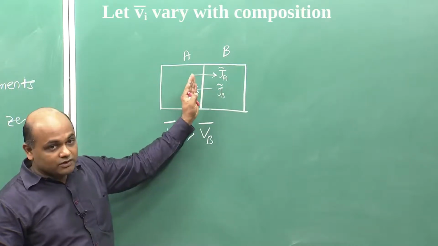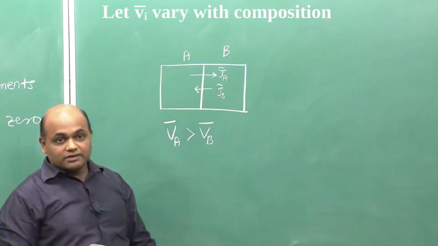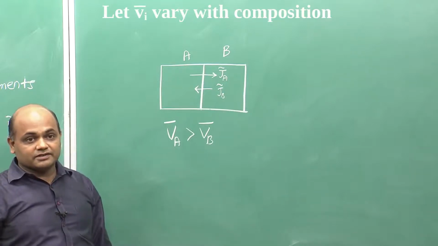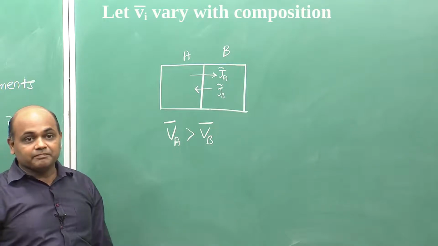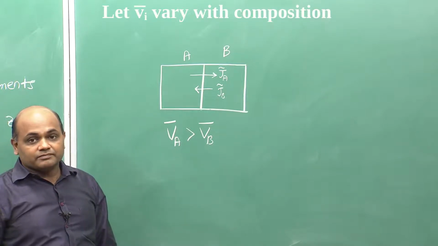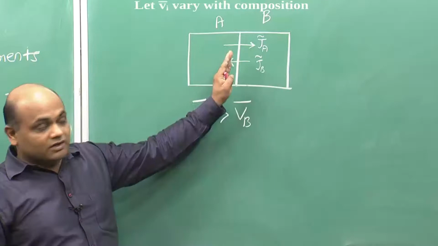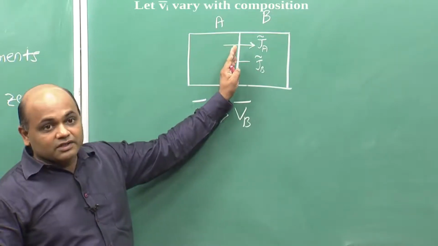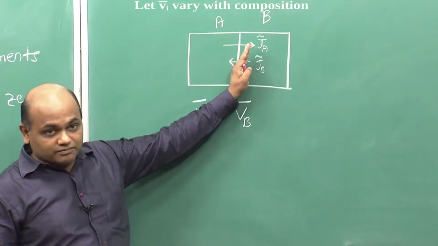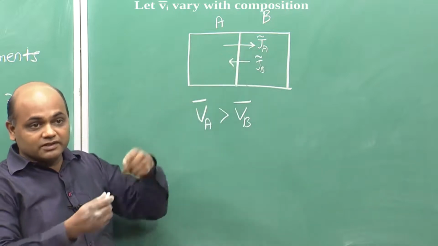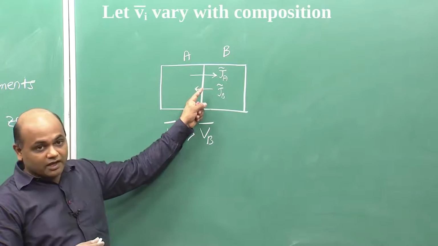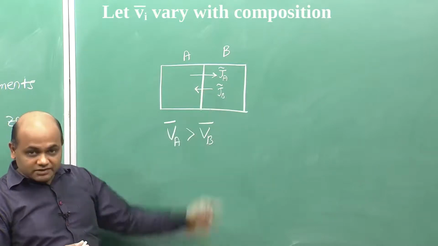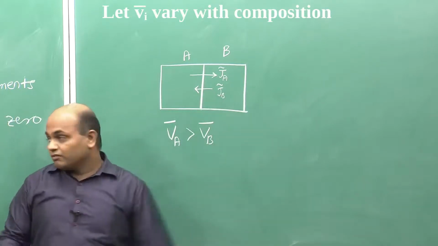So, the center of volume has moved towards the right because A has higher partial molar volume than B. Now, if we fix the frame of reference along the local center of volume, then the net flux in terms of volume, or the net volume movement across that plane, will be 0, and that is our volume fixed frame.